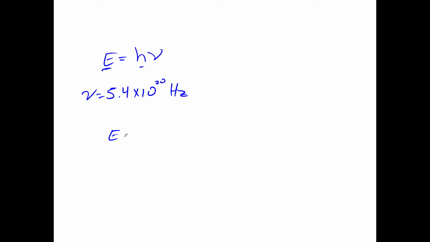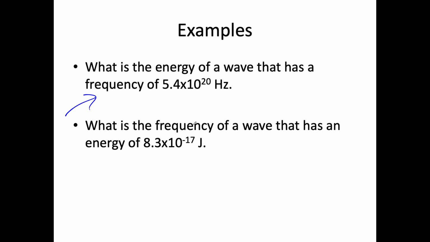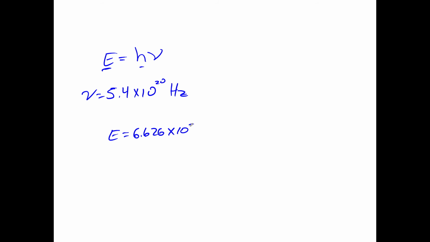So E is equal to 6.626 times 10 to the minus, let me go back up here to my constants, that's 34, times 5.4 times 10 to the 20th. And then we're going to have our energy. The unit is going to be joules, because if we do the unit analysis, this is going to be joules times second times 1 over second. The seconds cancel, and we'll have joules left.